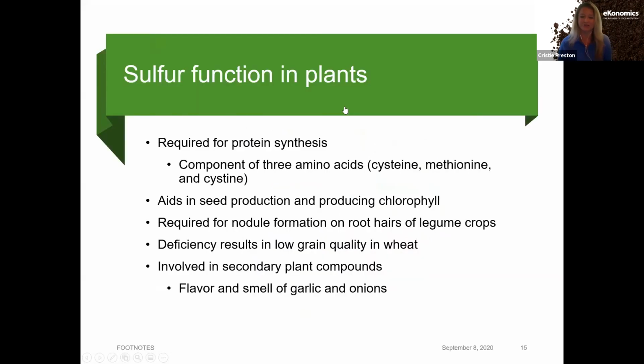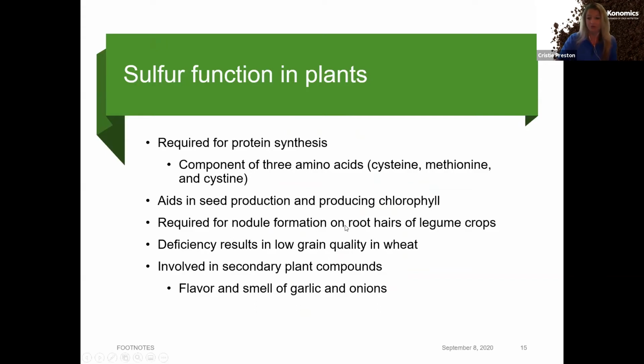So sulfur function within the plant, it's required for protein synthesis. And we're going to get into how sulfur interacts with nitrogen here in a minute because they're both needed for protein synthesis. It aids in seed production and producing chlorophyll. Again, if your plants are limited in sulfur, then your chlorophyll levels might be low, which is going to directly affect photosynthesis, and your yields potentially are going to be limited.